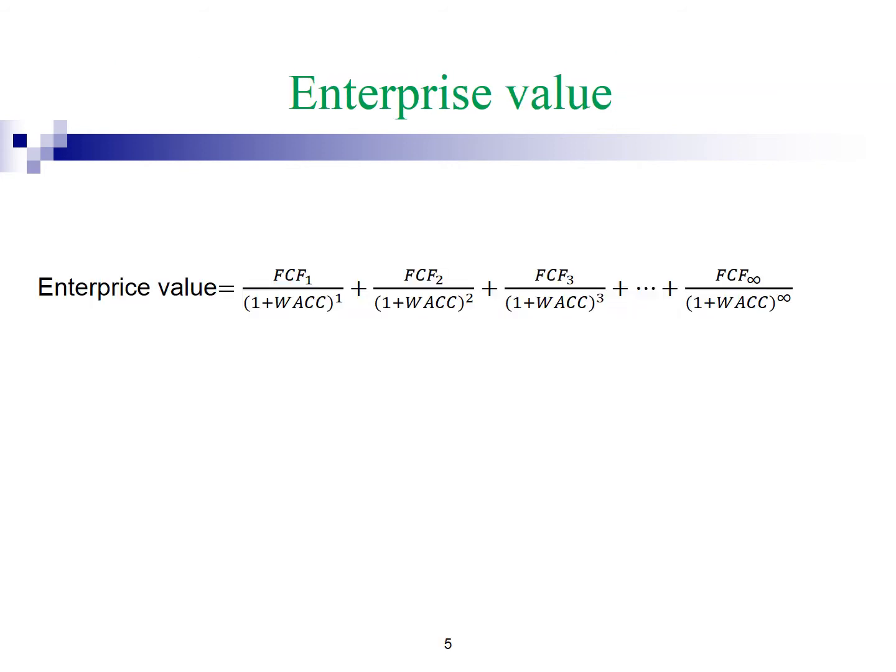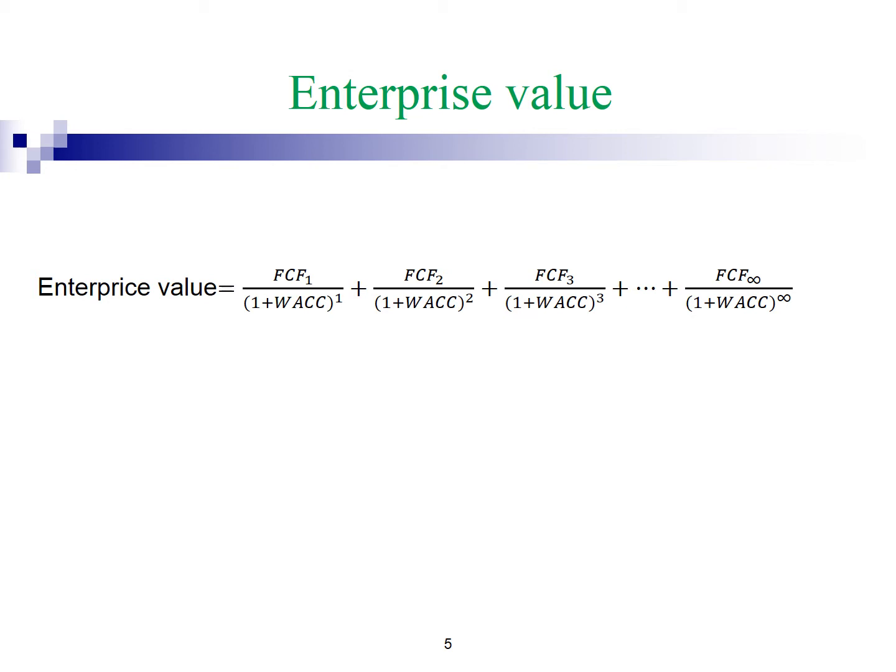In finance theory, the enterprise value of a company's debt and equity is the value of its free cash flows discounted at its weighted average cost of capital. The enterprise value represents the value today of the cash flows produced by the firm's future business activities.